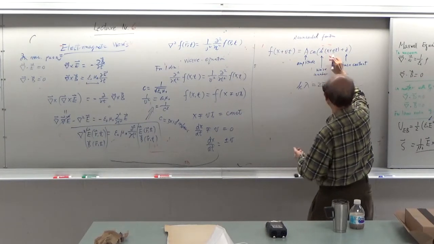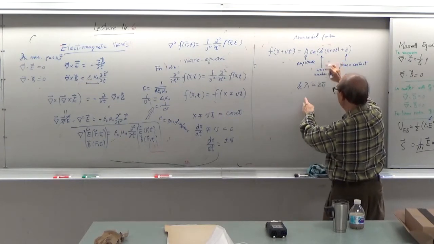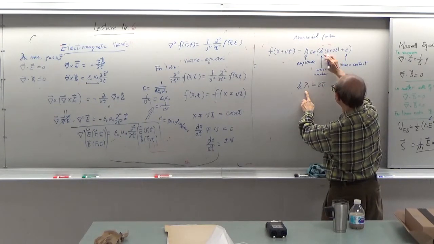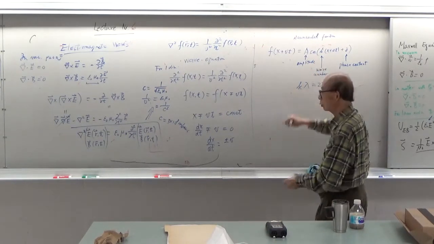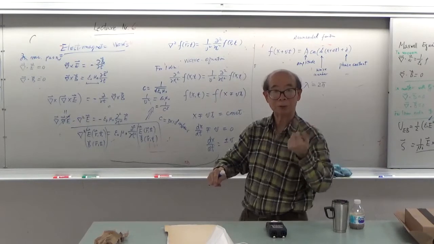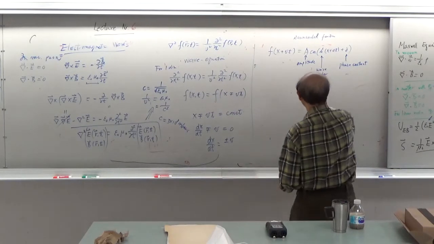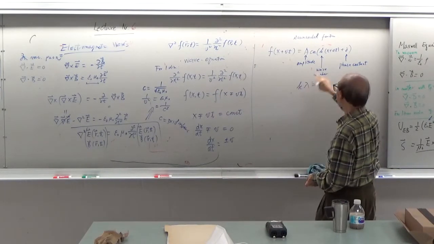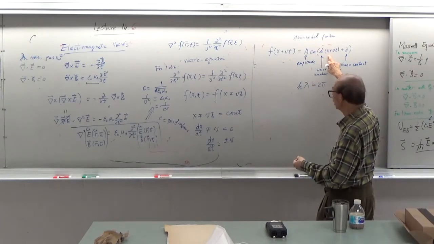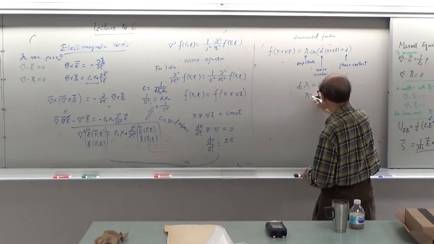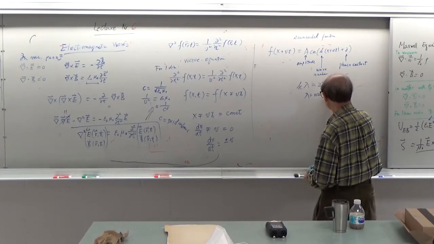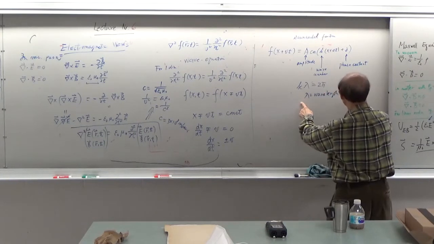In that case, when x is advanced by this length lambda, the argument of cosine increases by 2 pi, so that the cosine function goes through one cycle. This length lambda, by which x advances or goes backwards, is known as the wavelength. It is equal to 2 pi divided by the wave number.